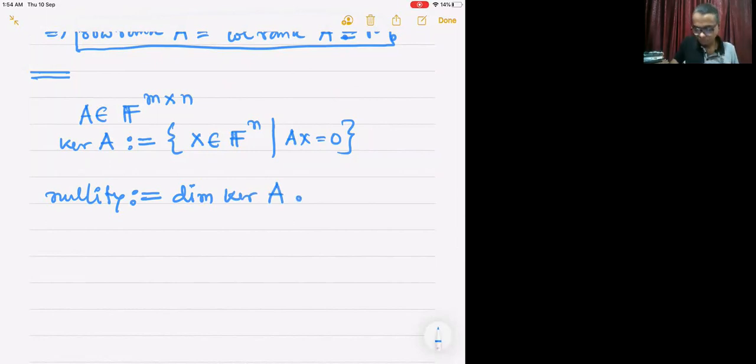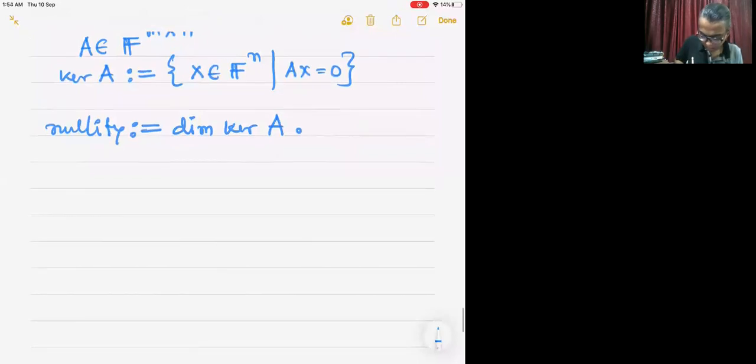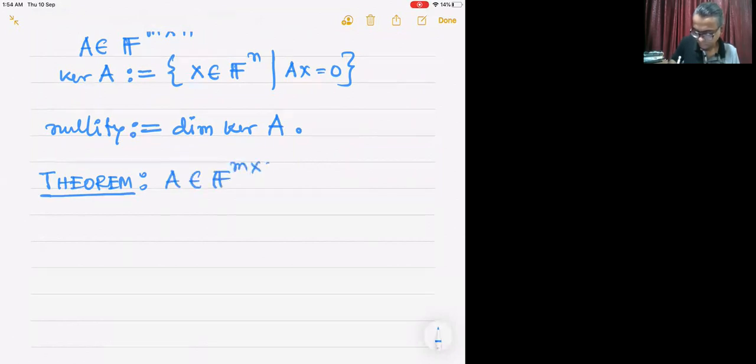What is the rank nullity theorem? The rank nullity theorem says the following. A is a matrix in F m cross n.